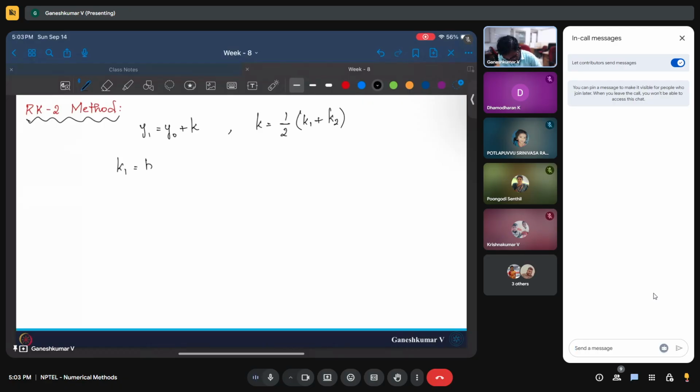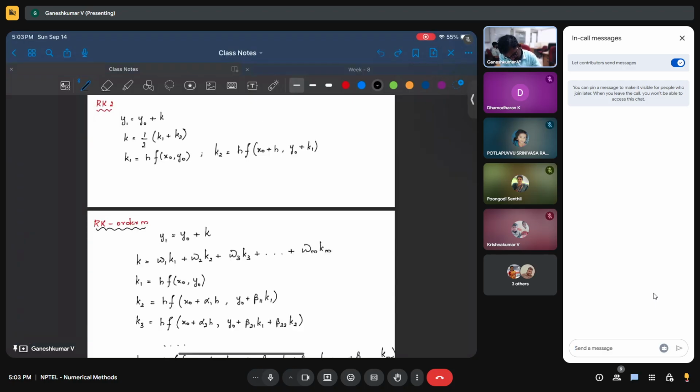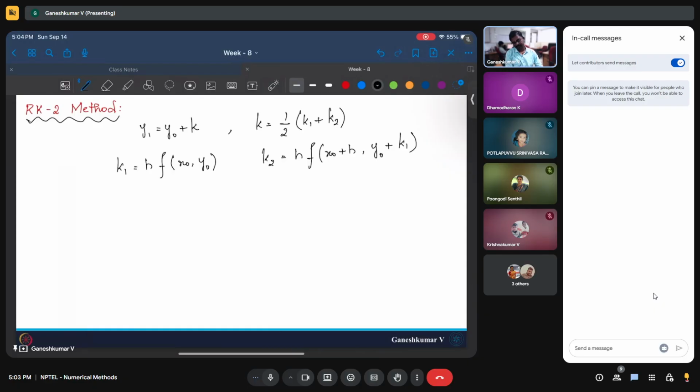K1 is nothing but h into function of x naught and y naught, and K2 is h into function of x naught plus h and y naught plus K1. So you evaluate K1, K2, substitute it, and you will end up having the result.